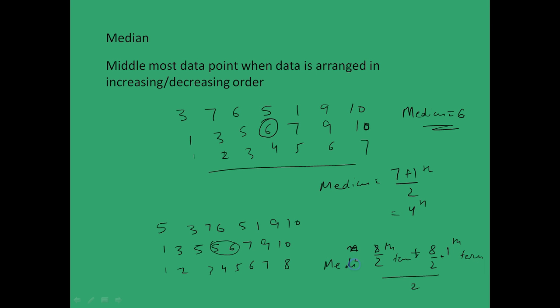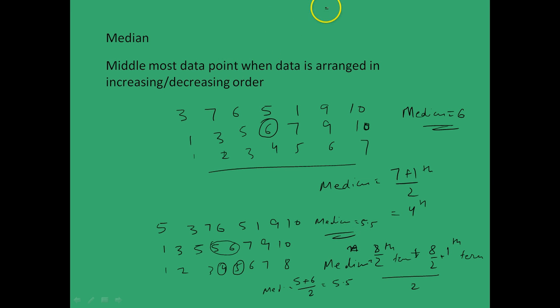So the median in this case would be, the 8 by 2th term would be the 4th term, and the 8 by 2 plus 1th term will be the 5th term. And so therefore the median is actually the average of 5 and 6. That is 5 plus 6 by 2. Median is equal to 5.5. So in this case the median is equal to 5.5.